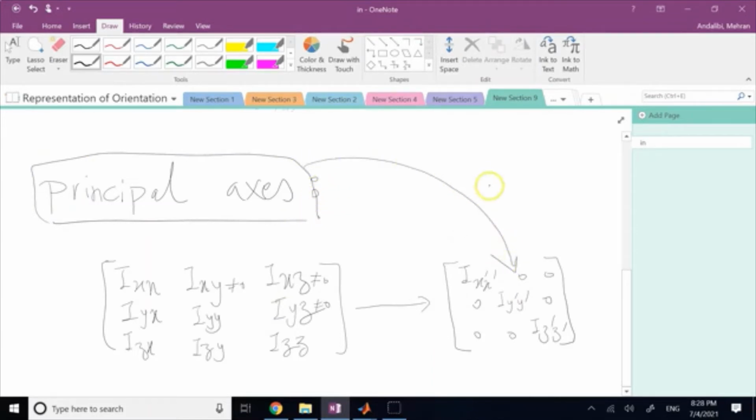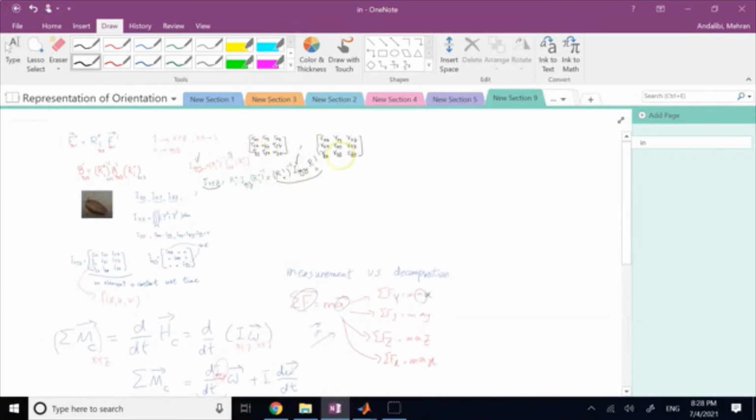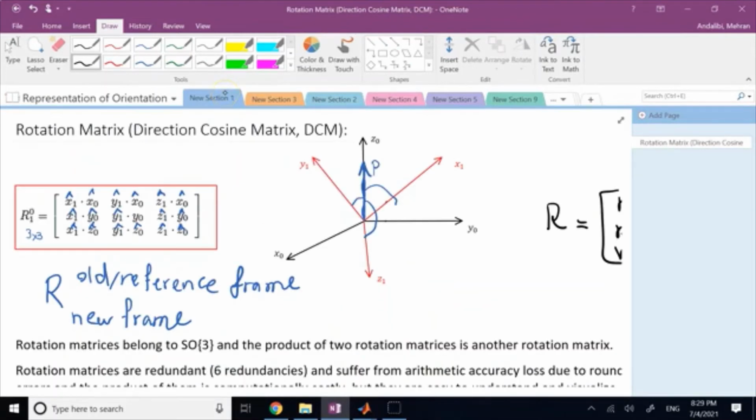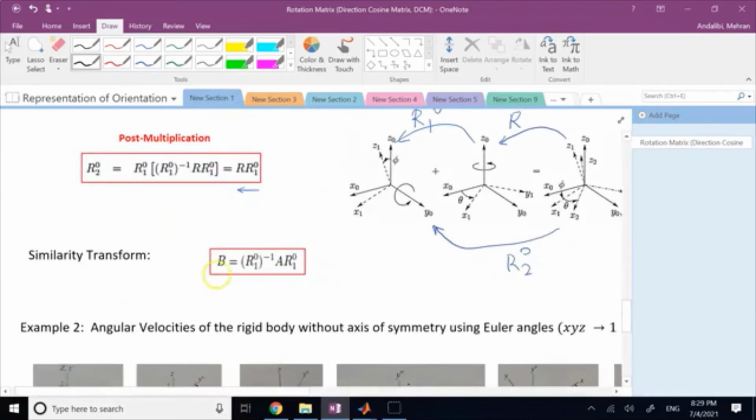The principal axis. Right? So finding the principal axis, the principal planes, the principal stresses, principal strains, and so on, all can be done using this simple formula of going from one matrix in one frame to the other.